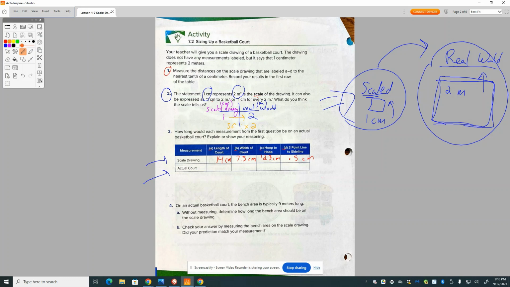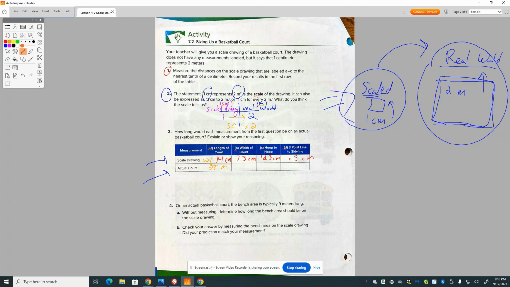So if my scale drawing length of the court is 14 centimeters, to find the actual length, all I would have to do is multiply by 2. 14 times 2 is 28. Keep in mind we're going from centimeters to meters, so that means we would have 28 meters in the real world.